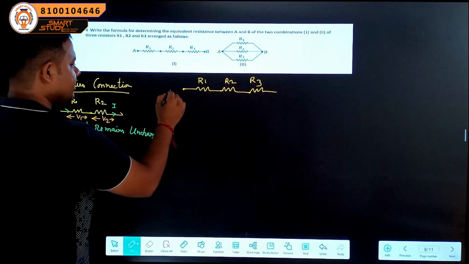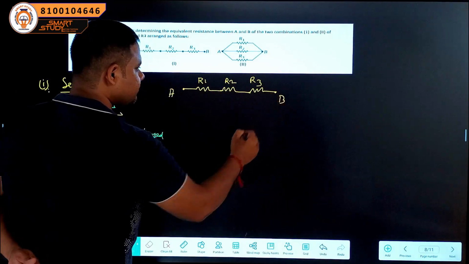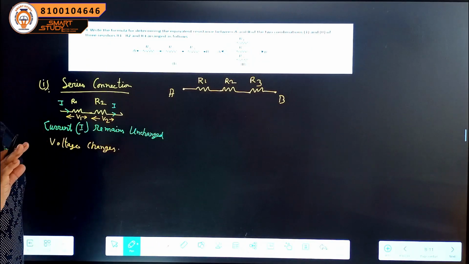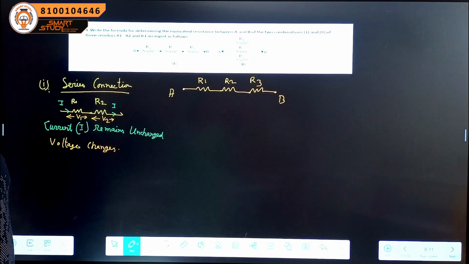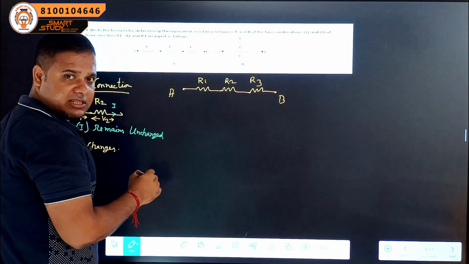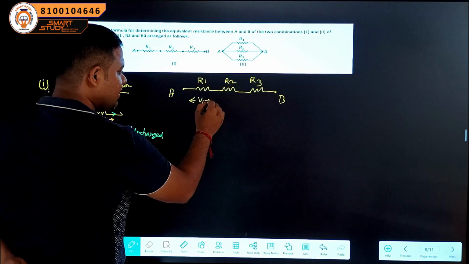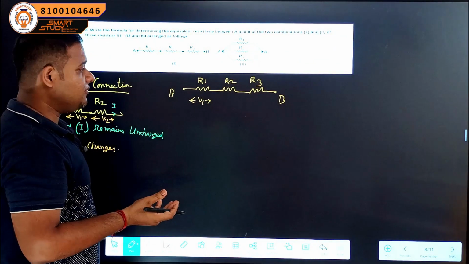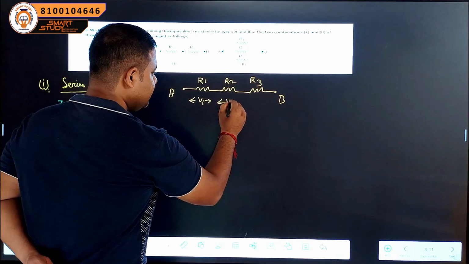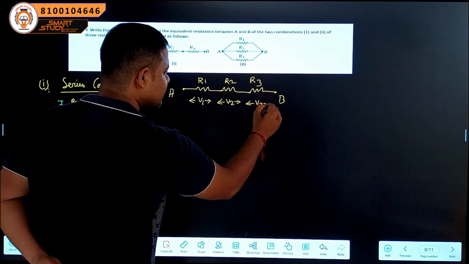This point or node is A, and this point is B. Now which parameter is unchanged? Current is unchanged, and the changing parameter is voltage. I am taking voltage V1 across R1, voltage V2 across R2, and voltage V3 across R3.